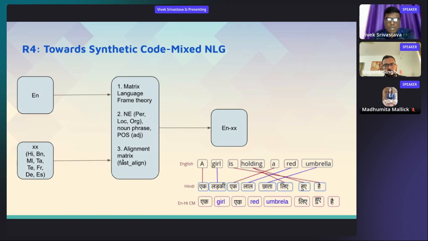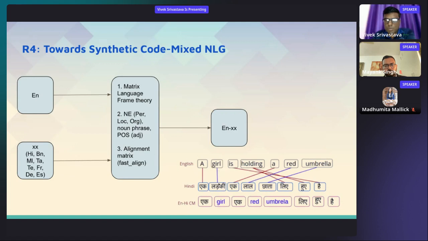So the alignment matrix. One constraint that they have is they only pick named entities, noun phrases, and POS tags. For POS tags, they only consider adjectives. So even though you get all these alignments between tokens, you don't pick everything to do the replacement. You only pick named entities, noun phrases, and adjective POS tags.